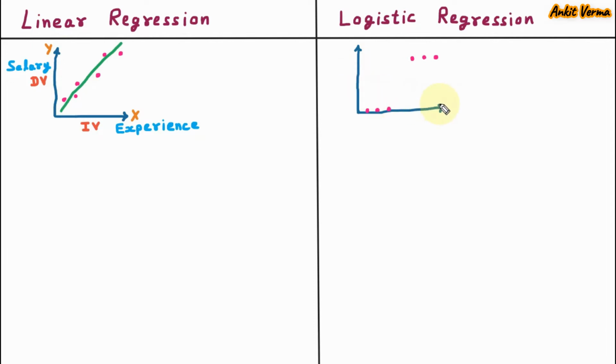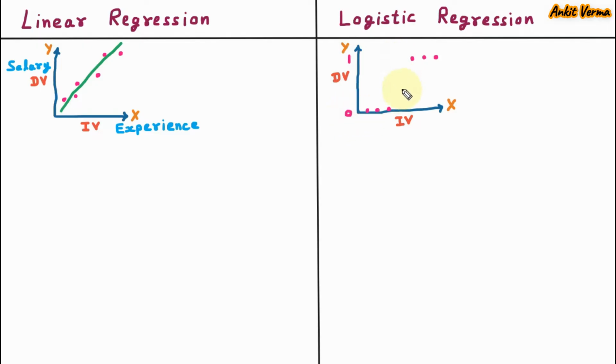There is one more diagram in which we have an x-axis and a y-axis. On the x-axis we have the independent variable and on the y-axis we have the dependent variable. In logistic regression we have only two things, which are 0 and 1, or yes and no, or pass and fail.